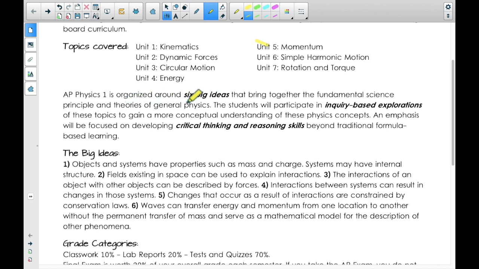The class is organized around 6 big ideas that bring together the fundamental science principles and theories of general physics. The students, you, will participate in inquiry-based explorations of these topics to gain a more conceptual understanding of these physics concepts. An emphasis will focus on developing critical thinking and reasoning skills beyond traditional formula-based learning. So this is what I mean by this.